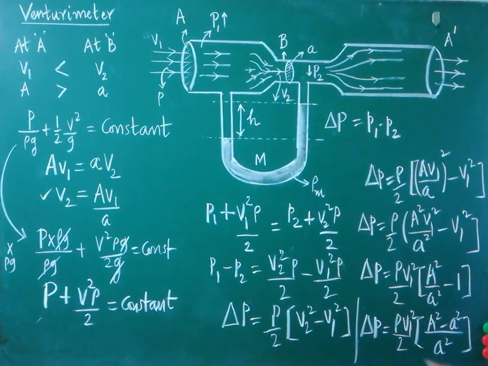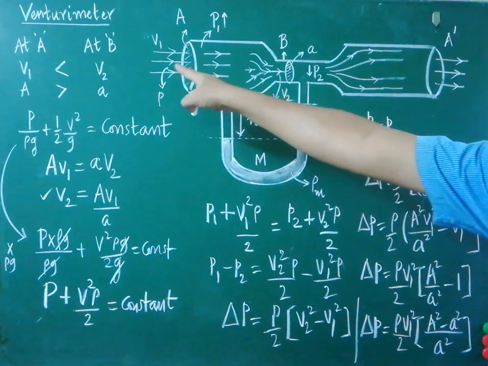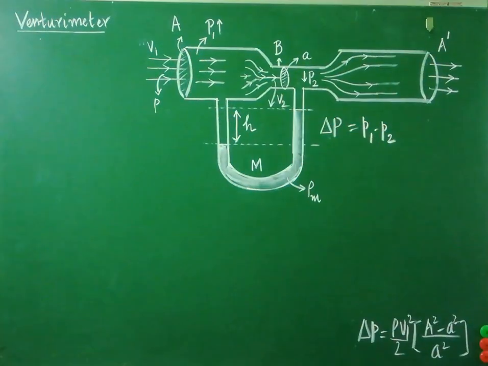Understood? This is the formula called, what is this? Difference in pressure. From this equation you have to get the expression for speed. Is it clear? Speed with which it enters at the end A. This is the equation in which V1 square is there. In the next step I am going to calculate V1. What is V1? V1 is nothing but speed of flow of the liquid in the end A. Now we are going to derive the final step.